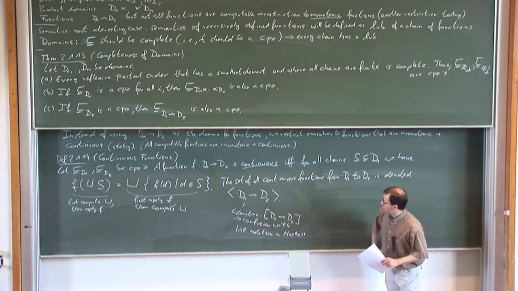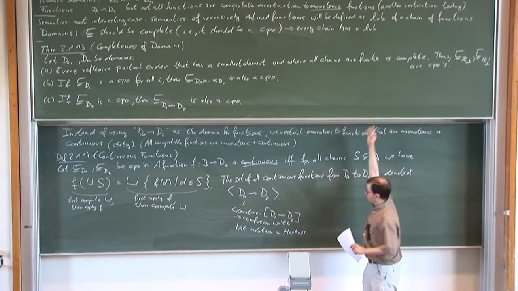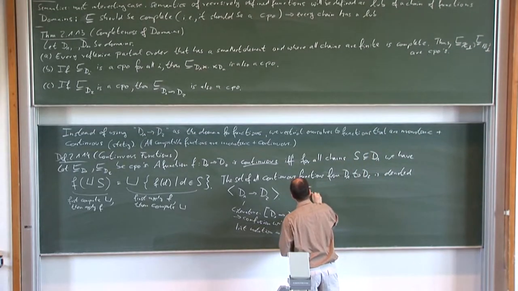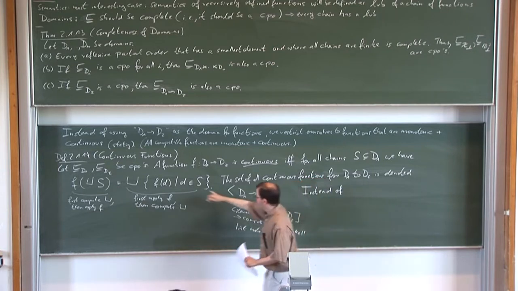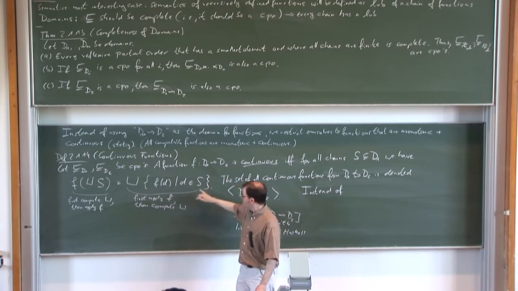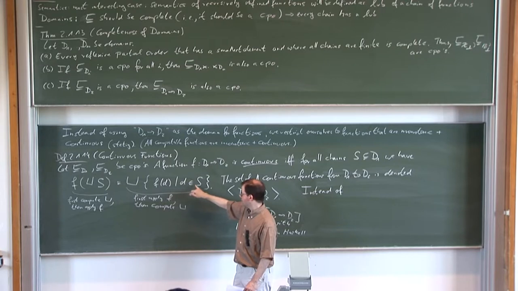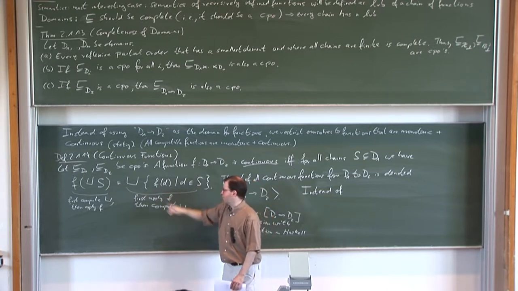Now, we also sometimes write, instead of writing this, so this is a set where we take all elements D of S, where S is a subset, and apply F to them.